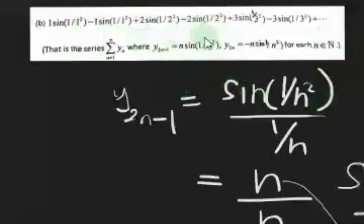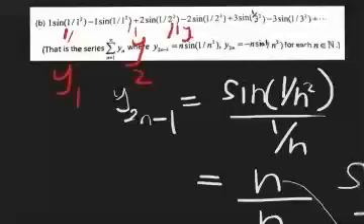Now we have to show this y n is monotonically decreasing. So this term is y sub 1, y sub 2, y sub 3, y sub 4, y sub 5, right?